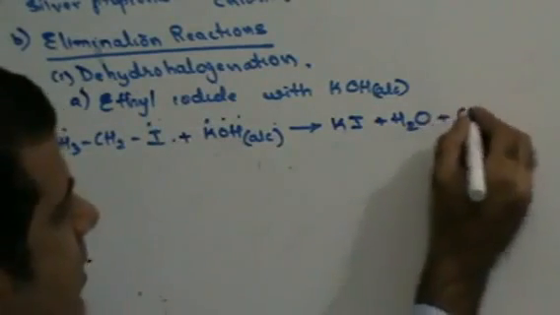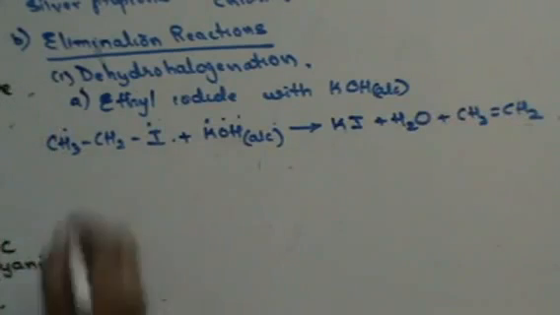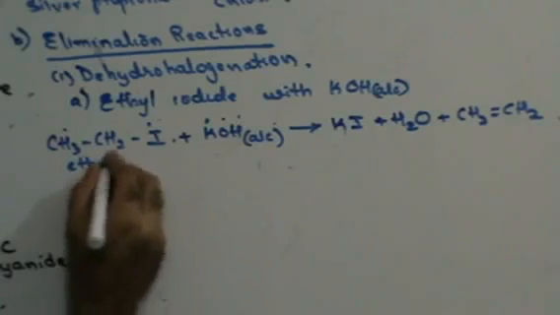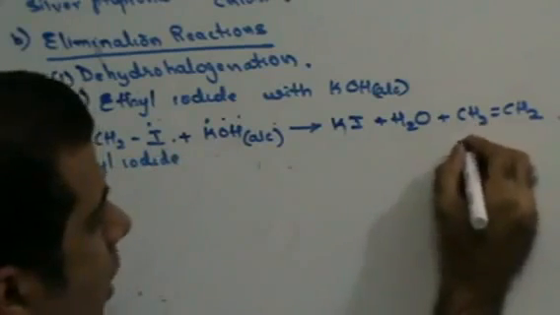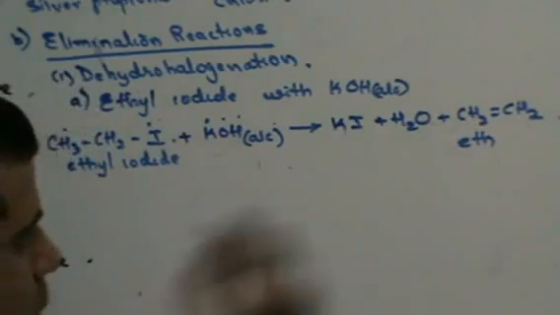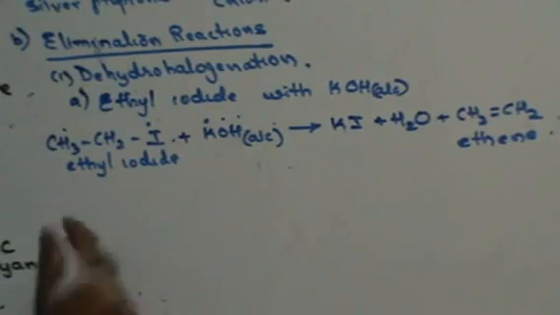That leaves me with CH2 double bond CH2. Ethyl iodide, with 2 carbon atoms, therefore eth, and a double bond, therefore ene. This is also a method by which an alkyl halide gets converted into an alkene. So ethyl iodide gets converted into ethene.